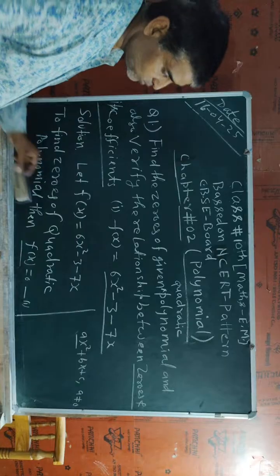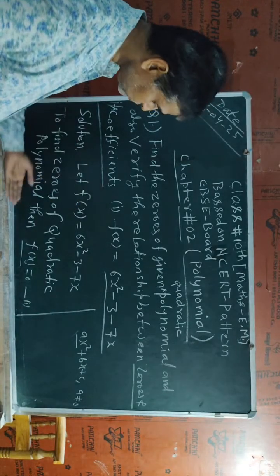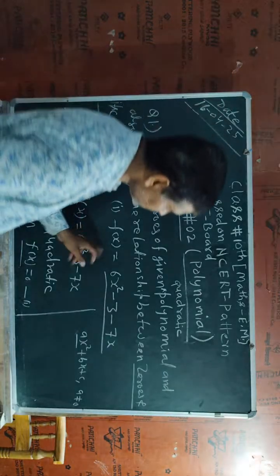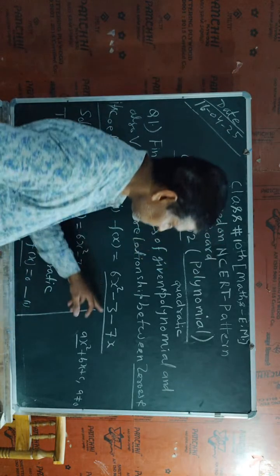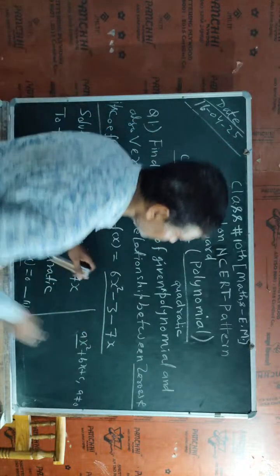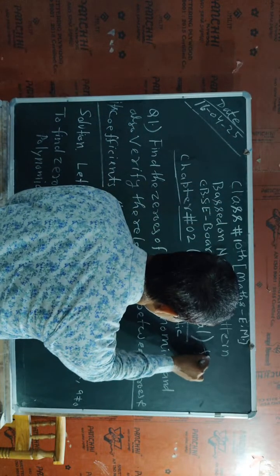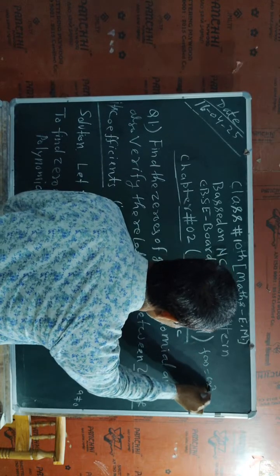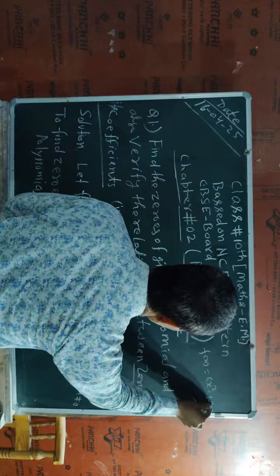Okay, now I am going to erase this one and I will calculate the value of f of x. Here f of x is equal to 6x square minus 3 minus 7x. I will say here for further use, okay, student, here I will write 6x square minus 3 minus 7x.